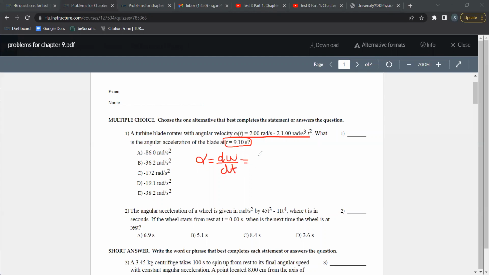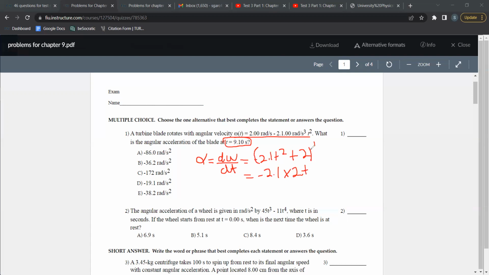So if you take the derivative of negative 2.1 t squared plus 2, you're going to get negative 2.1 times 2t.